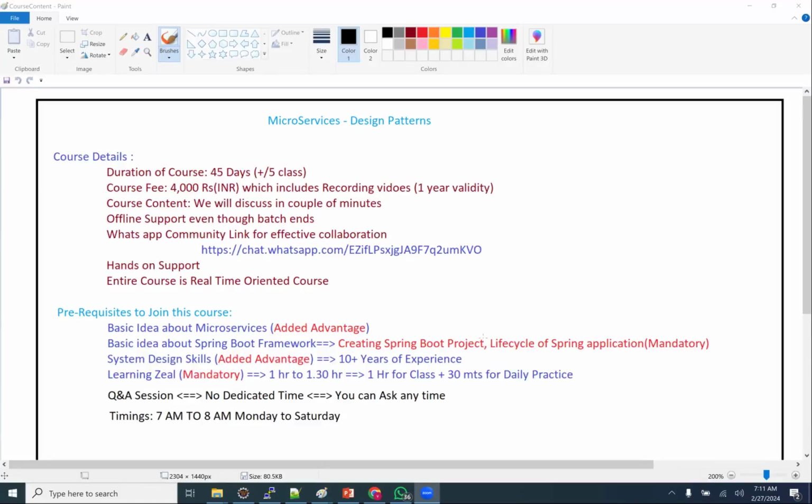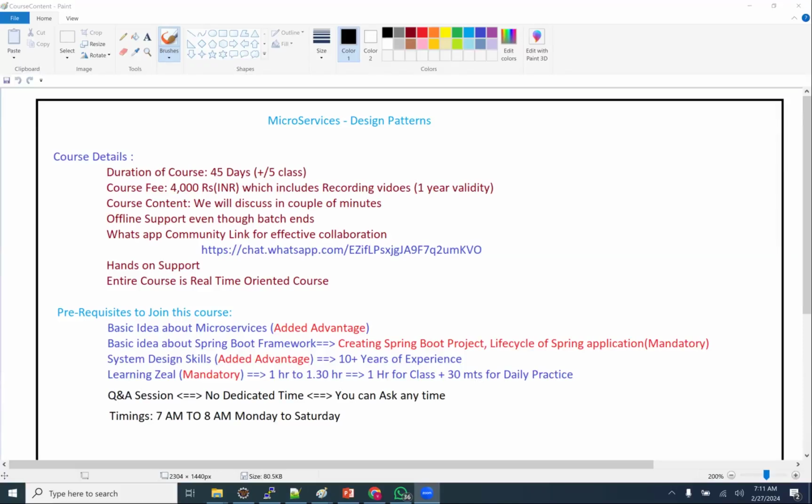Let me repeat my question: how many participants joined today as a first session, who missed yesterday's session? Okay, quite a big number. Almost 6 to 8 people are there.